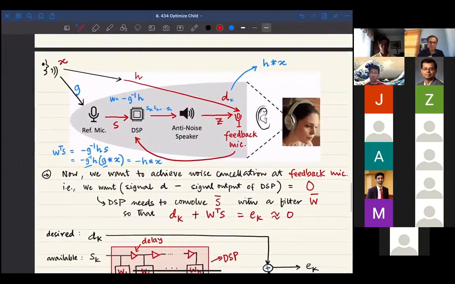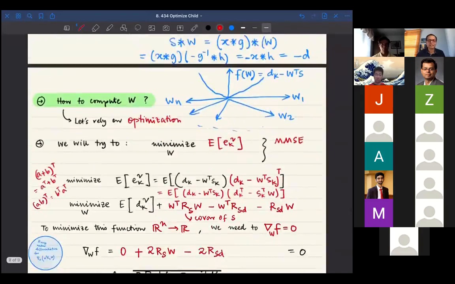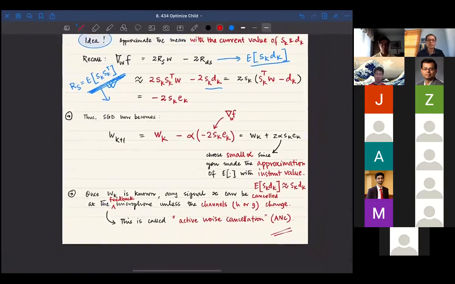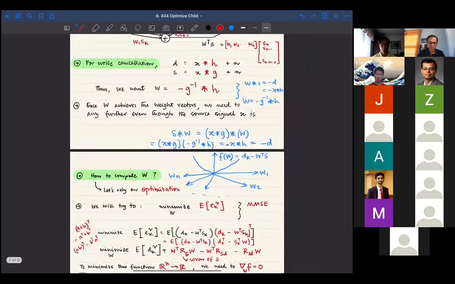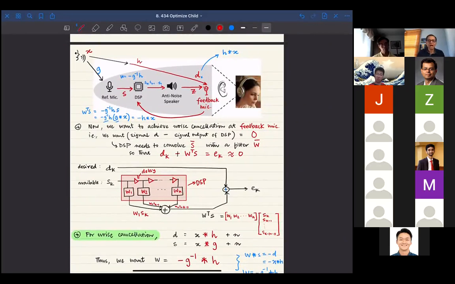Does the feedback microphone basically just start picking something up and then it realizes it needs to adjust? That's a very good question, and I think you almost answered yourself. Can someone add to Lucas's answer? Lucas's question is, if my head moves, how does the DSP readapt? How do I know that something has happened?